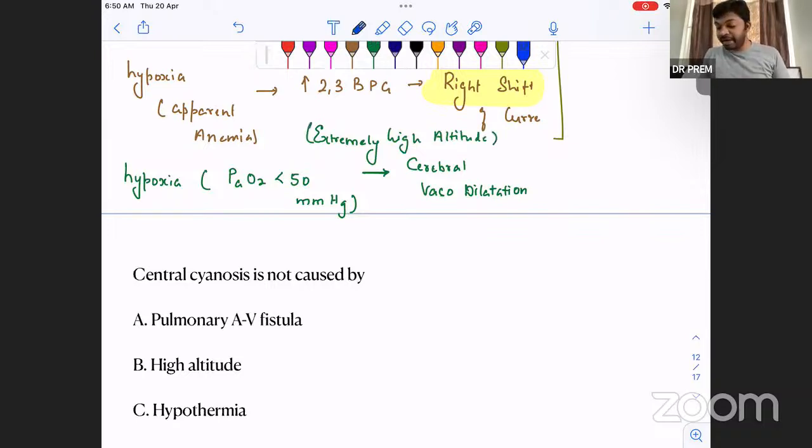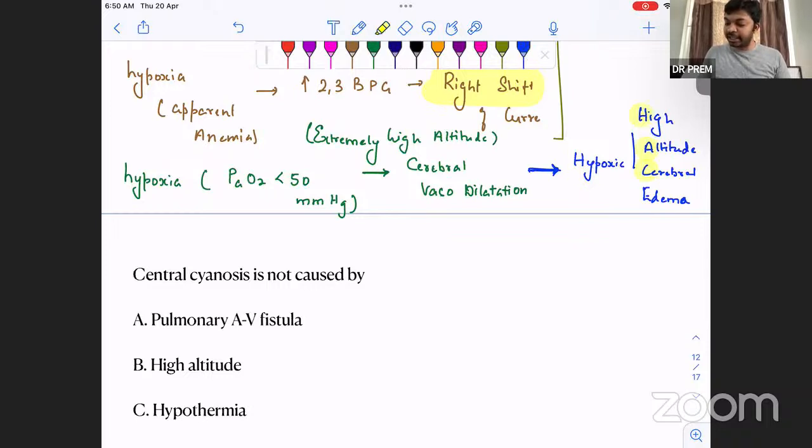And there is a condition in medicine as well. When the cerebral vasodilatation is so profound, it will even lead to high altitude cerebral edema, HACE. This condition, cerebral vasodilatation leading to HACE, is very, very rare.